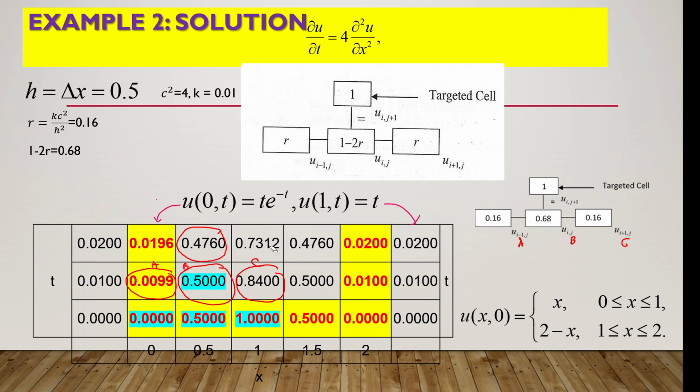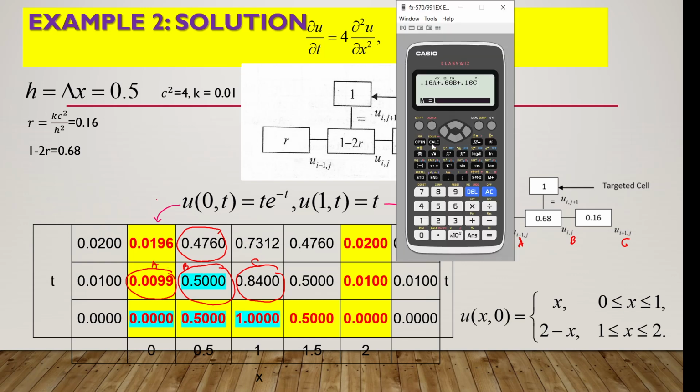So if you can recognize the pattern, you no need to draw. When you point to here, just use your finger: left, center, right bottom, which is A, B, C value. And you calculate. A is 0.0099, B is 0.5, C is 0.84.